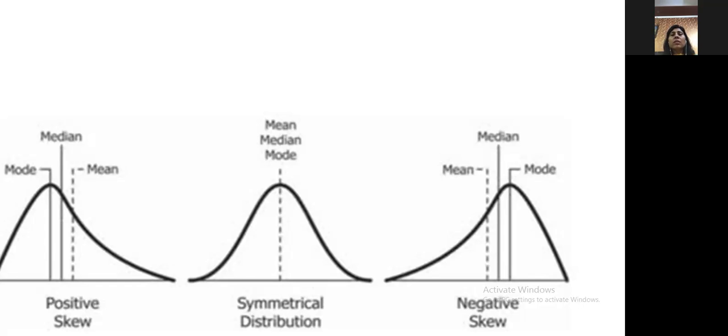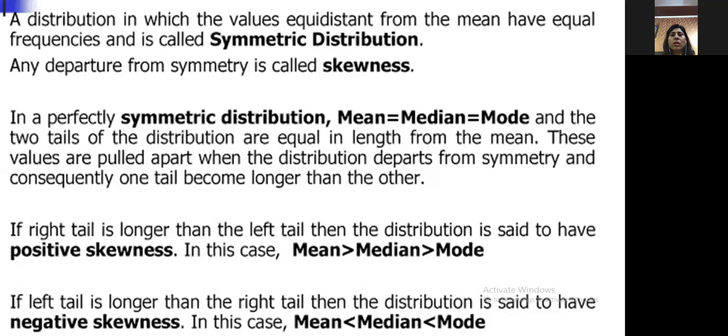And these positions are related with the mean, median, and mode. The three measures of central tendency play a very important role in measuring skewness. In this picture, you can see how the curves are formed and how the mean, median, mode have a position. We will study it in detail in coming slides, so we will have a better understanding regarding all this.